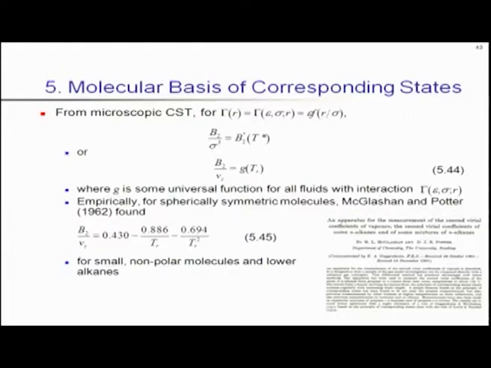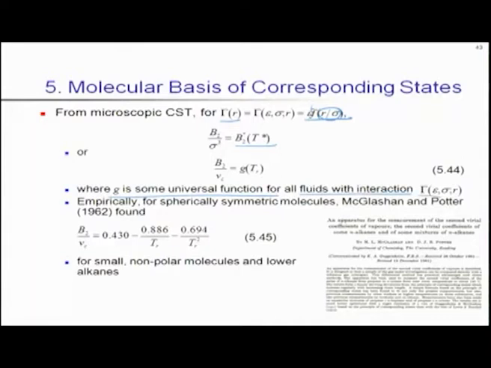From microscopic corresponding state theory, we always try to use a potential model having this kind of expression, where epsilon is outside and f is just a function of reduced distance. Now for B2 we have already evaluated that B2 can be reduced by sigma cubed, getting B2 star as a function of T star, or we can consider B2 by Vc equal to G(TR), where G is some universal function for all fluids with interaction parameter.